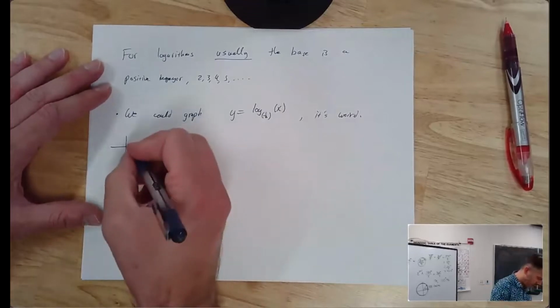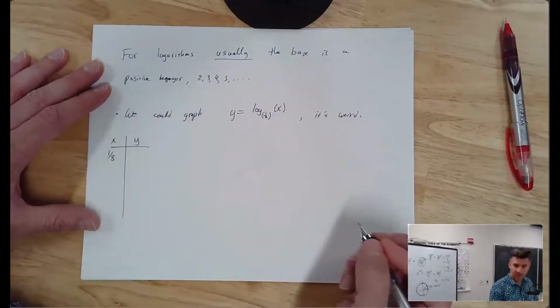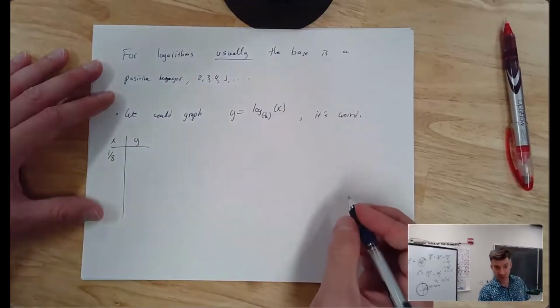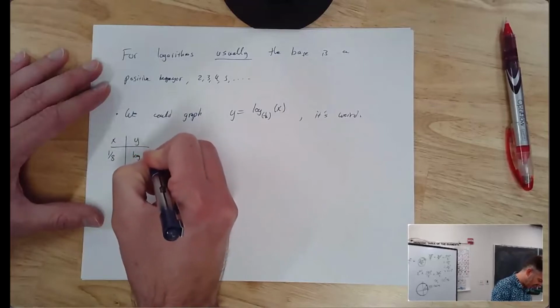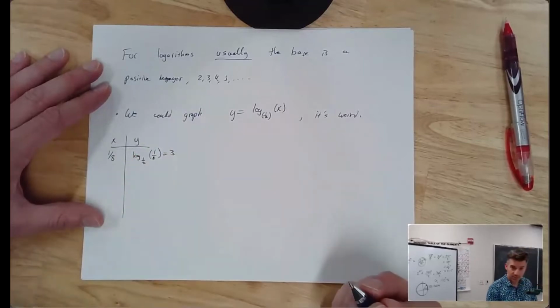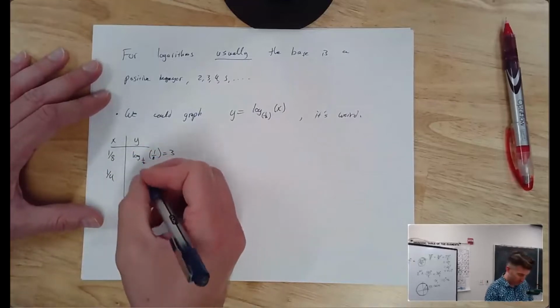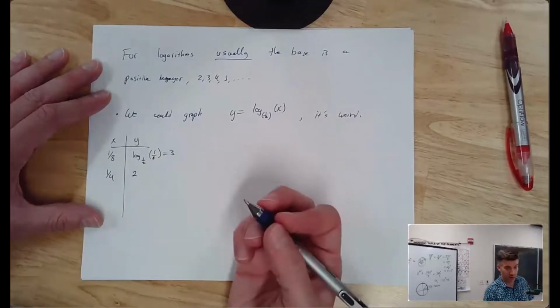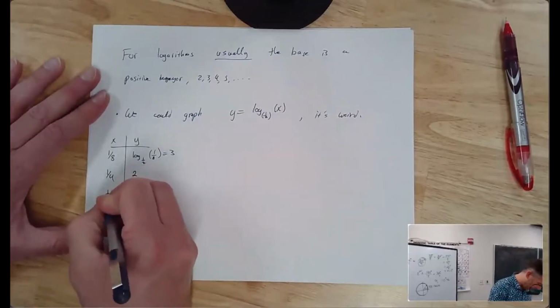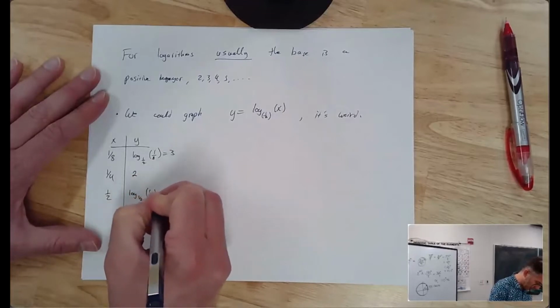Well, I know that 1/8 is a nice power of 1/2. 1/8 is 1/2 cubed. So the log base 1/2 of 1/8 is going to be 3. And if I plug in 1/4, the log base 1/2 of 1/4 is going to be 2 because 1/2 squared is 1/4. If I pick 1/2, log base 1/2 of 1/2 is going to be 1.